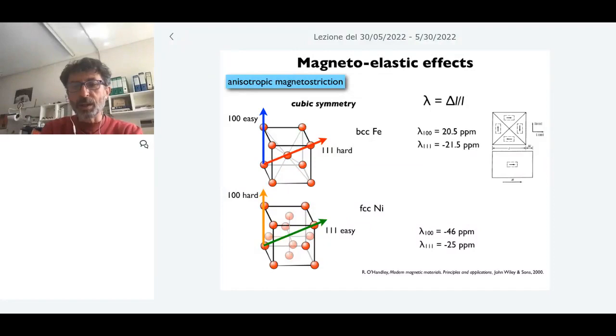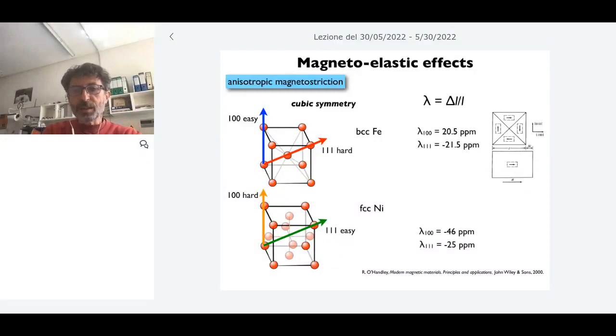And what do you find? You find that in the case of iron, again, you have the easy axis along the axis of the cube, so the 1, 0, 0, which is the easy one. In that case, you find the lambda positive, 20 parts per million. So it's not really a cube, but is more tetragonal, let's say.